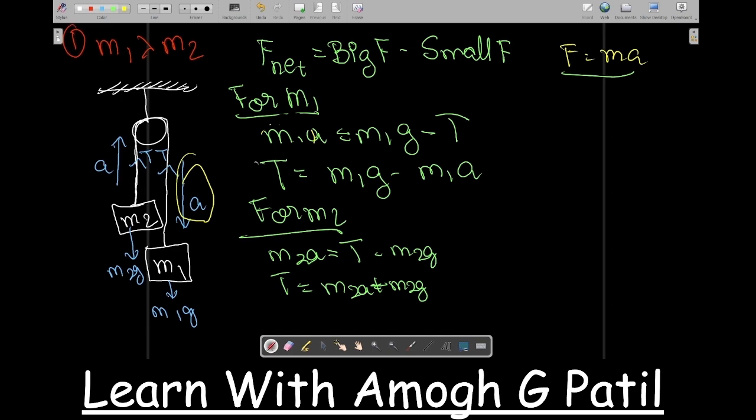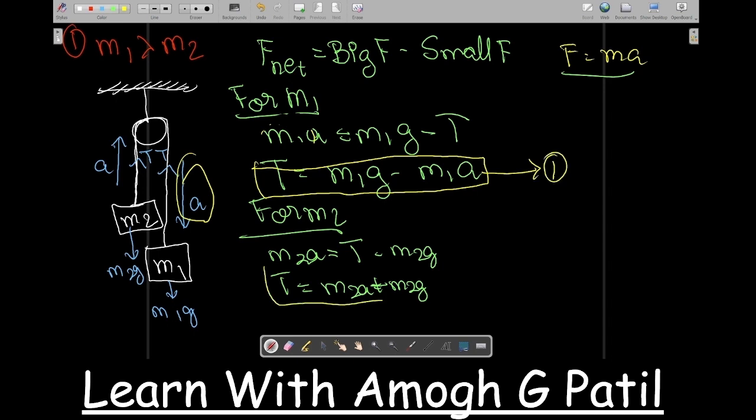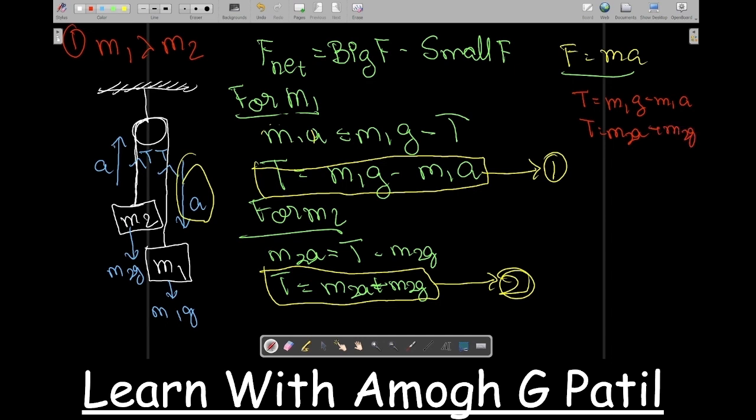Let us take the first as equation 1 and this as equation 2. I'll just note it down here. T is equal to M1g minus M1a. T is equal to M2a plus M2g.